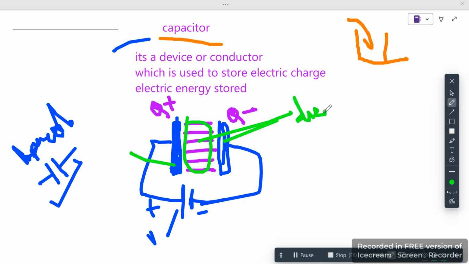Dielectric is simply a solid part where no current flows, but it helps in the developing of the electric field. This is a positive charge and this is a negative charge. The dielectric is a solid part placed between these charges, the difference in the charges. There would be no current flowing in this, but it helps in the developing of the electric field lines.